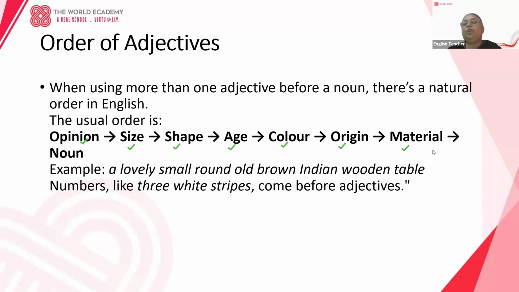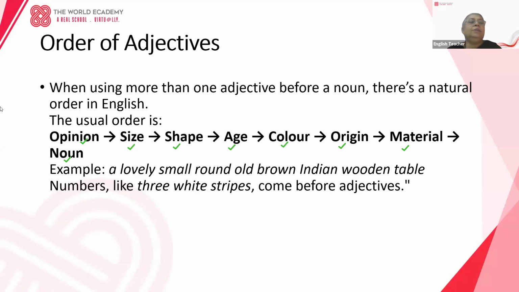If you're talking about a jacket, it's a woolen jacket, or a fur jacket. And then finally is the noun. So before the noun, we put the adjectives, right?